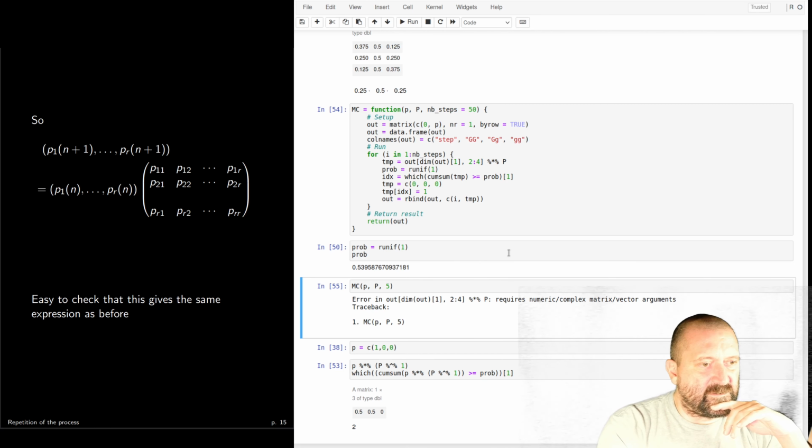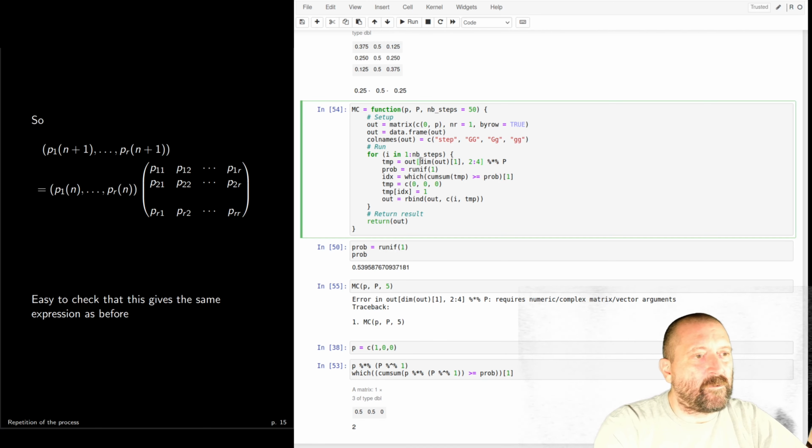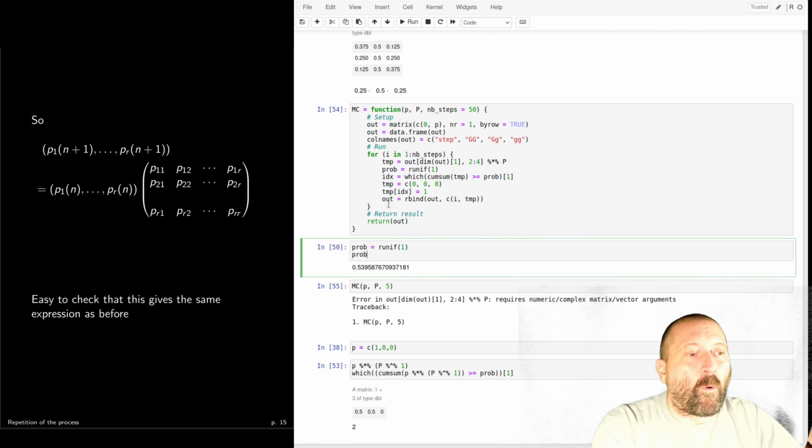Dimension of out 1 requires, okay, what is happening here? Temp, yes, no, wait, I'm taking dim of out of 1, so that should be good. Temp of this, okay, so let's unroll.